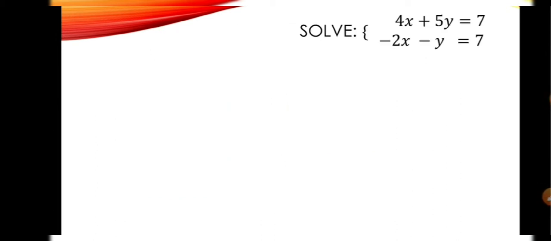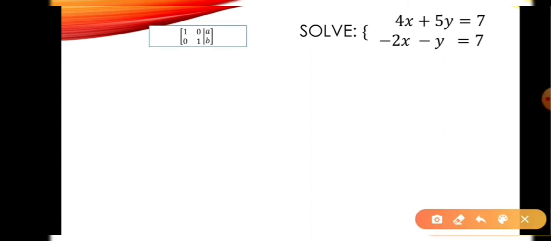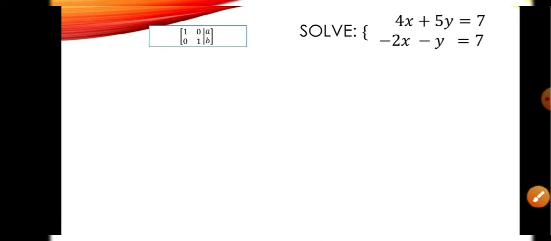Let's proceed to our first example, but this time it just involves two variables. Since it's just a 2 by 2 matrix, we have to make it into 1 0, 0 1. The representation of it is 4 5, negative 2 negative 1.